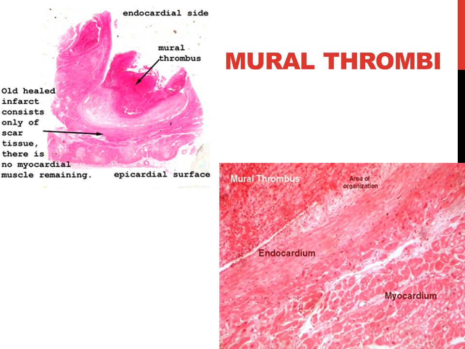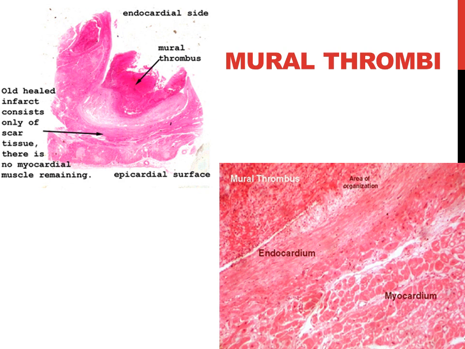It is associated with various conditions like myocardial infarction, myocarditis, which is the inflammation of the myocardium, or it may arise due to various arrhythmias, or due to cardiomyopathies, especially dilated cardiomyopathy. So the question arises, what is the important location of the mural thrombus? It is the heart chambers, and the second important location is the aorta.